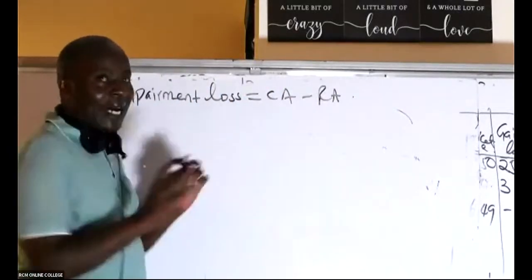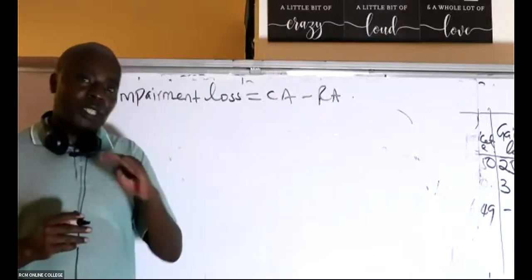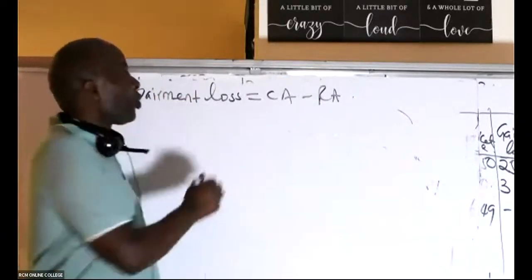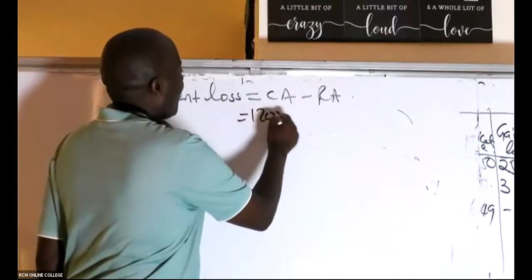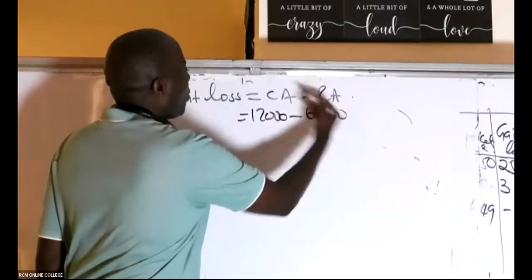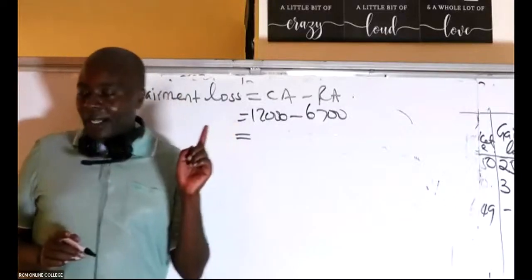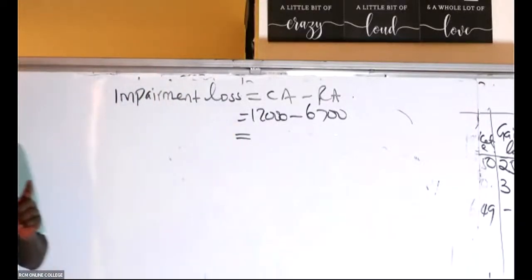Remember, this is a cash generating unit which has got many assets within there, right? So carrying amount will be for the entire unit. So 12,000 minus recoverable amount, which is 6,700. So what is the impairment loss? At least we got a mark. So the impairment loss in this case here is the impairment loss.